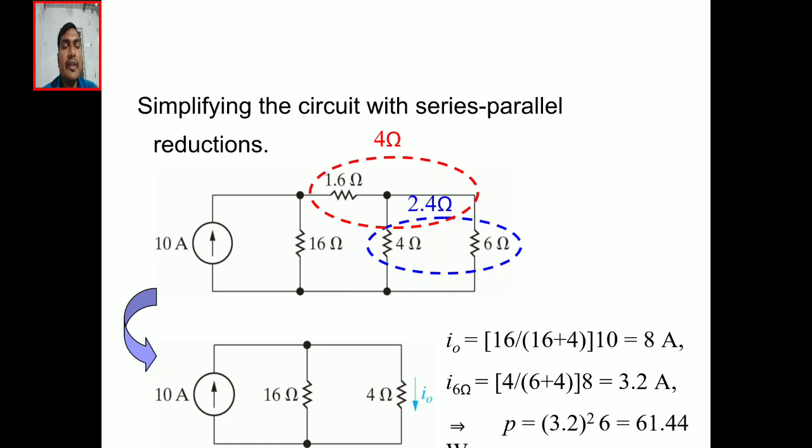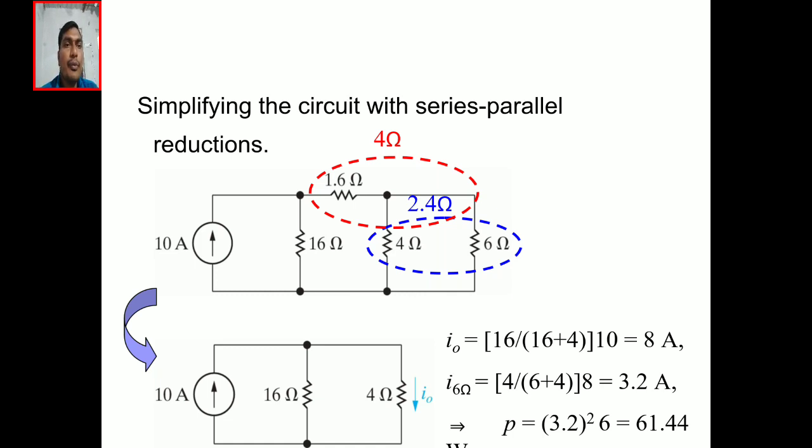simplify the circuit with series and parallel reductions, because 4 and 6 are in parallel, and the equivalent resistance found by the 4 and 6 parallel combination is in series with the 1.6. That combination is parallel with the 16 ohms.